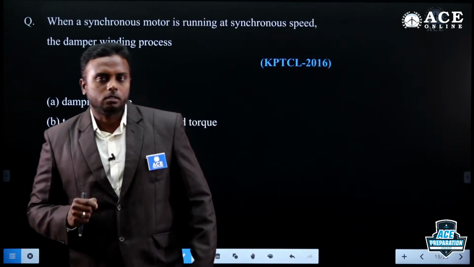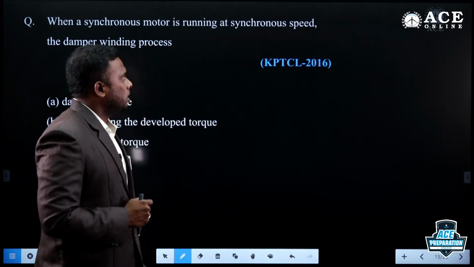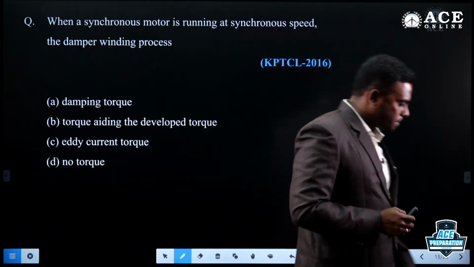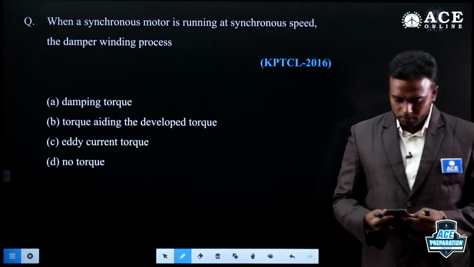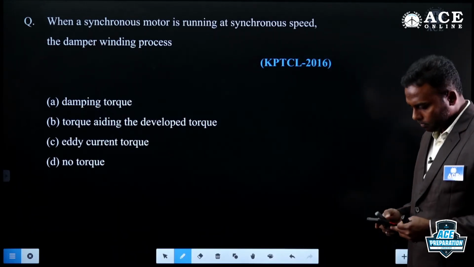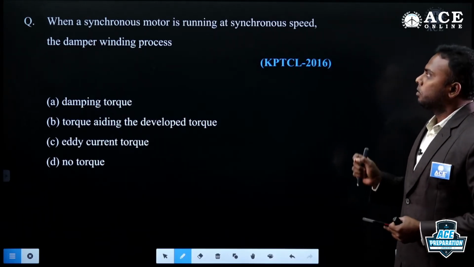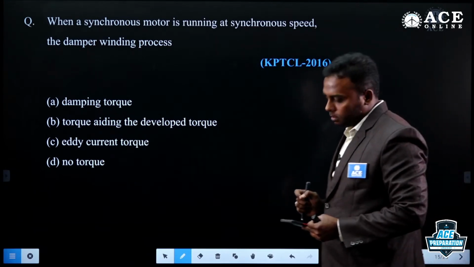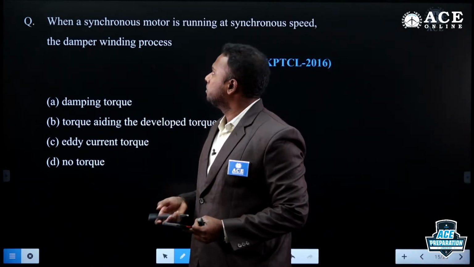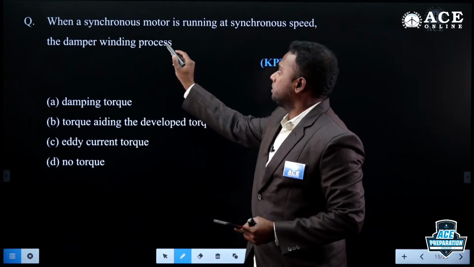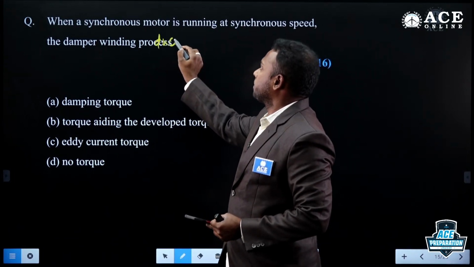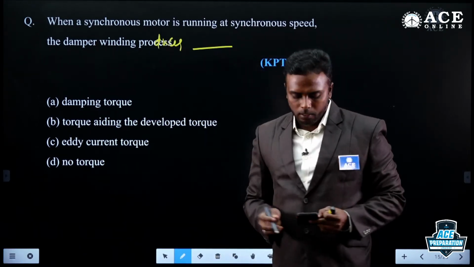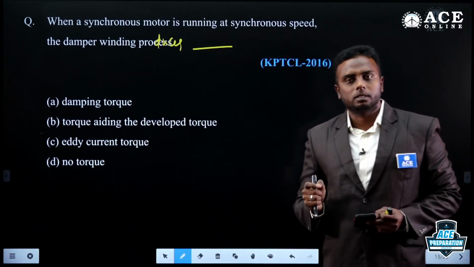Now let's see some questions on synchronous machines also. See the question. When a synchronous motor is running at synchronous speed, the damper winding produces dash. First of all, what is the purpose of the damper winding?